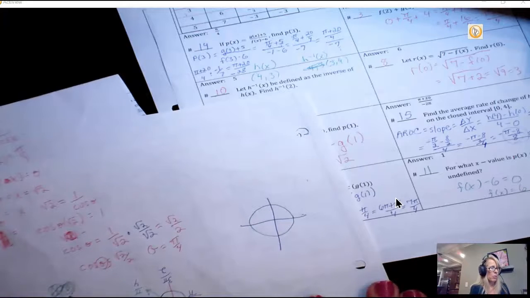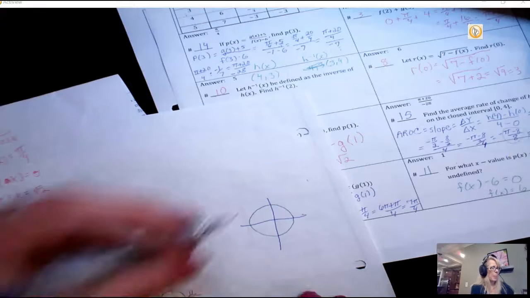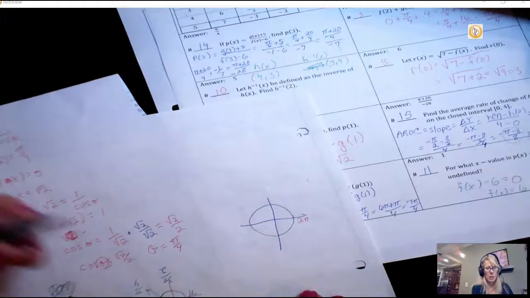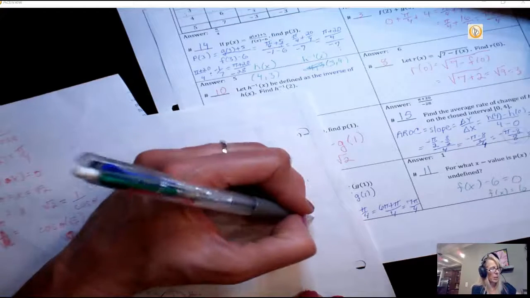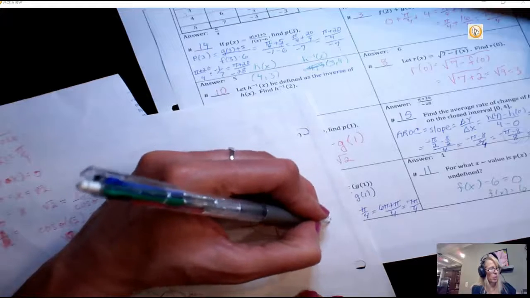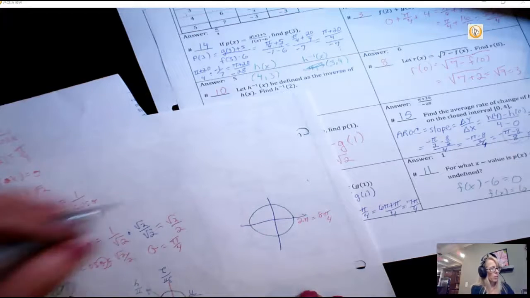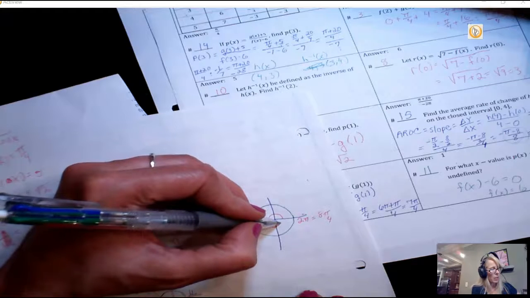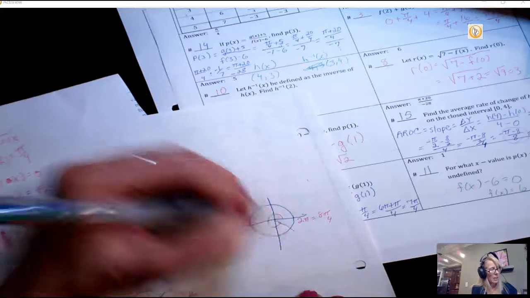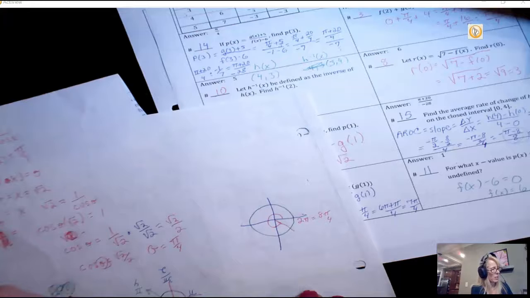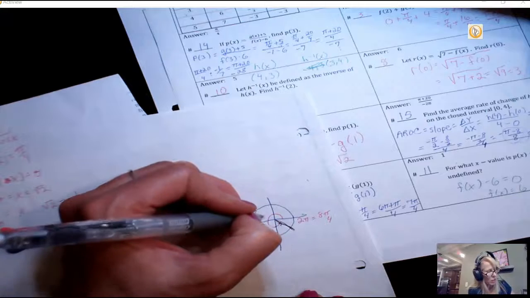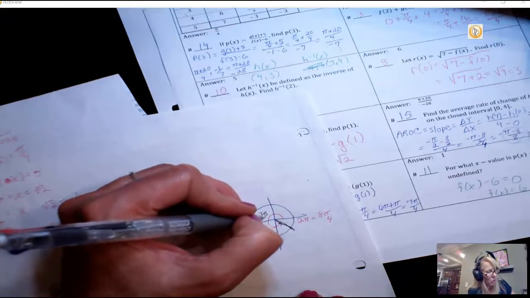Remember, the whole rotation is 2 pi, which is another way of saying 8 pi over 4. So we are just 1 pi over 4 less. So this would give me 7 pi over 4.